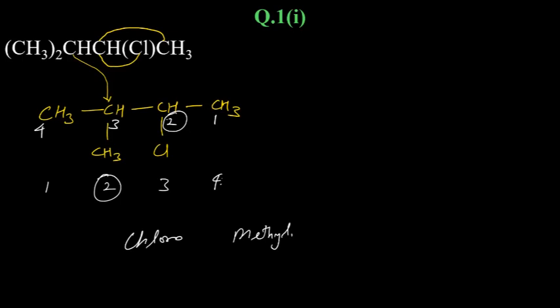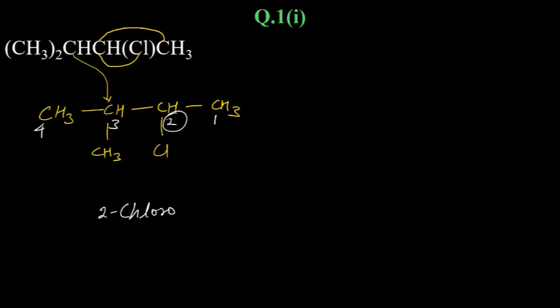So if the branching numbering is the same from both sides, then we consider the alphabetical order. Chlorine comes first, so the numbering will start from the right hand side, not from the left. So the answer will be 2-chloro, 3-methyl butane.